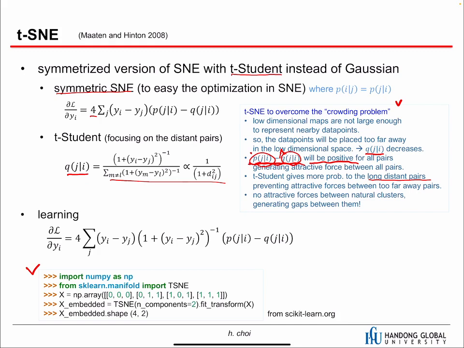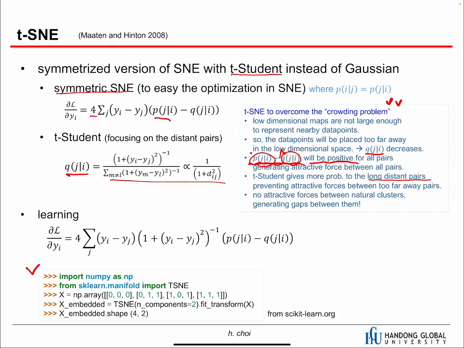But anyway, the difference between these two probabilities will be small. So it prevents attractive forces between two faraway pairs. That's why we use a t-distribution here. So P is fixed, and Q is a t-distribution to solve this crowding problem. The crowding problem means the samples in the low-dimensional space are too crowded.